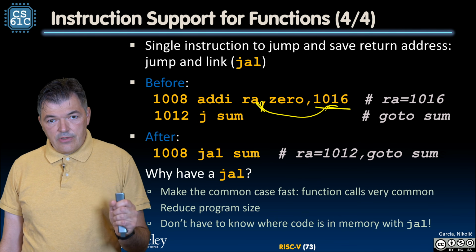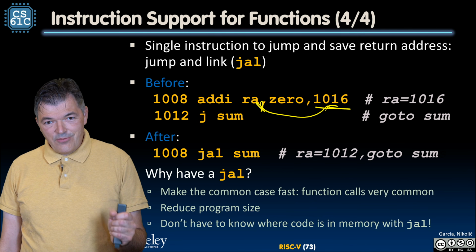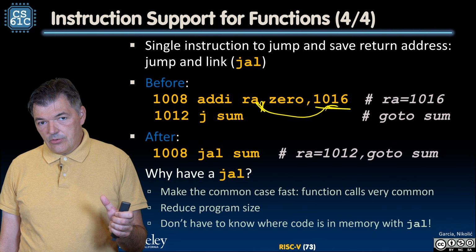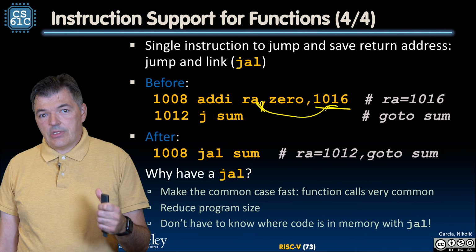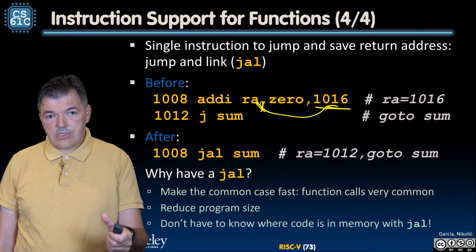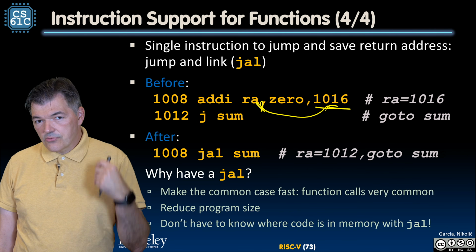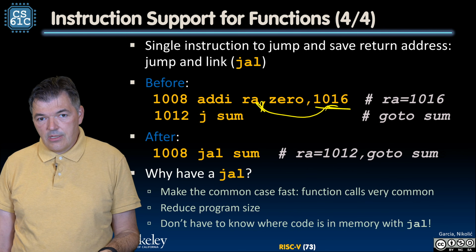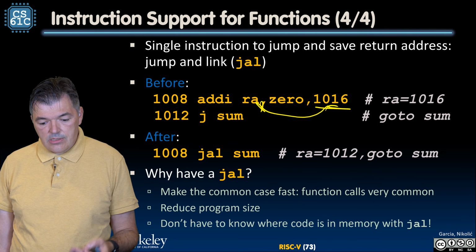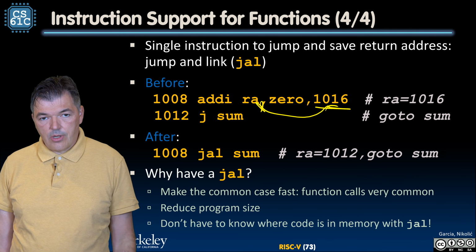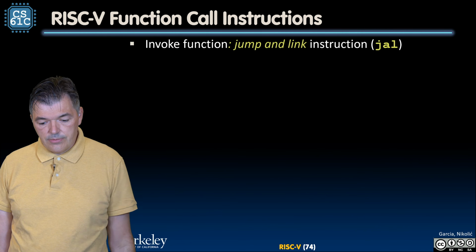That is very convenient, because first we don't have to think about this next address, and we are supporting the common case. Since function calls are really frequent in assembly, we are going to support the common case and execute it fast with more compact code.